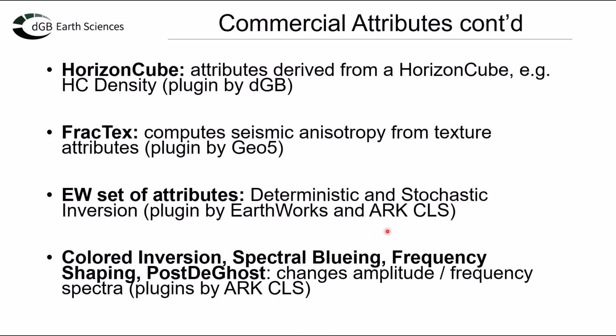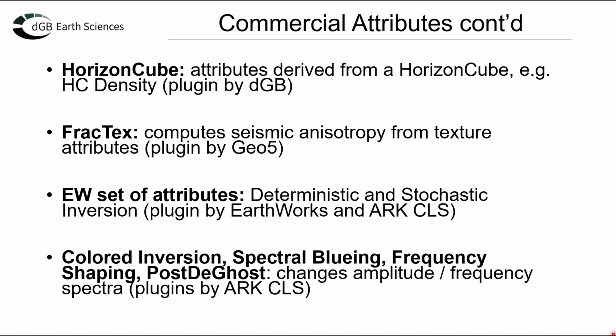More commercial attributes: if you have a horizon cube license, then you will have additional attributes in the attribute engine, like horizon cube density, which clearly shows you where you have unconformities and condensed sections. If you have the FracTex plugin by Geo5, then you can compute seismic anisotropy from texture attributes.